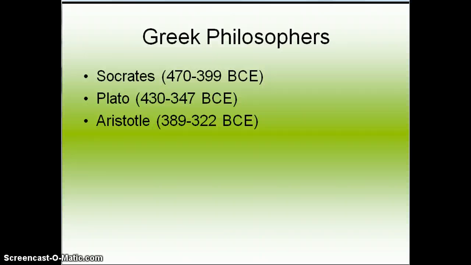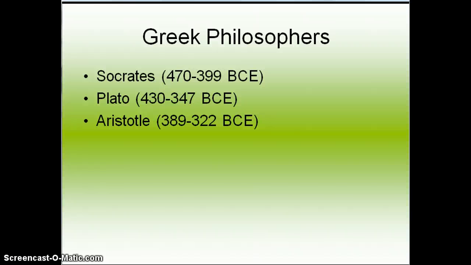As I mentioned, Greek philosophy was incredibly important, and three of the most famous philosophers from ancient Greece were Socrates, Plato, and Aristotle. Socrates, the first one, was the first philosopher to focus on ethical questions and trying to seek truth about human nature, what humans were, and he really believed in humans' ability to use reason to find answers to these questions.